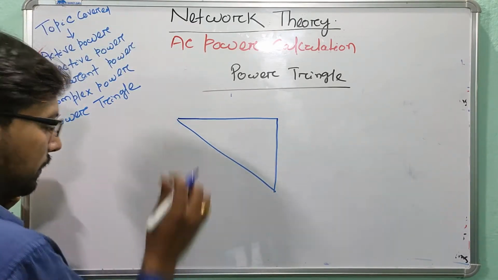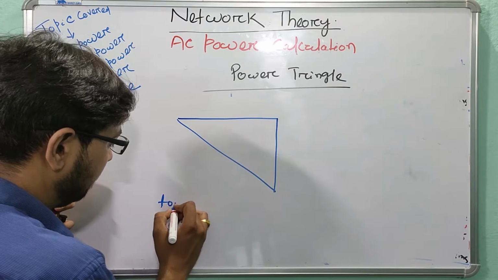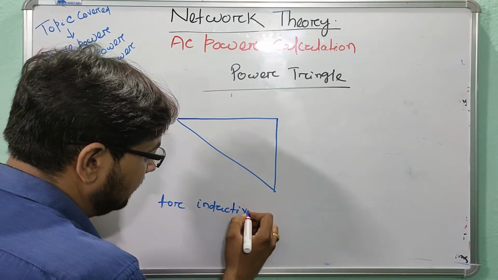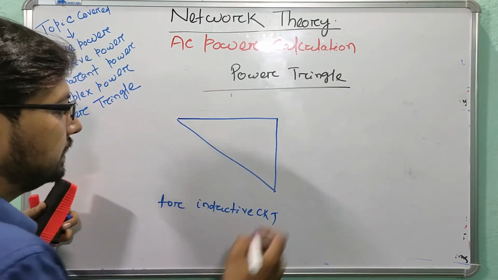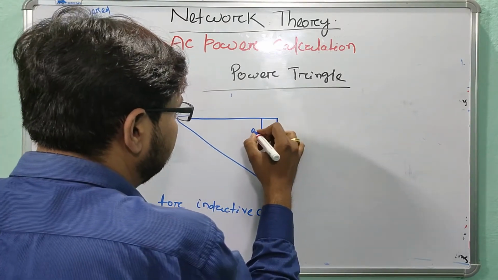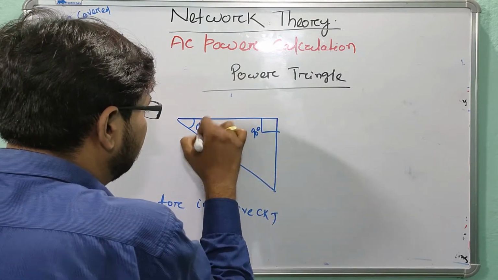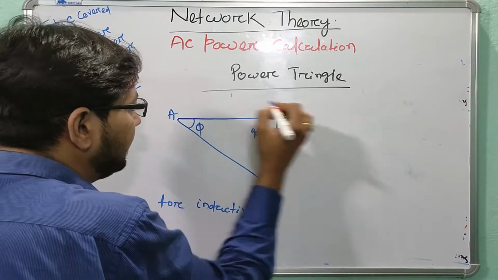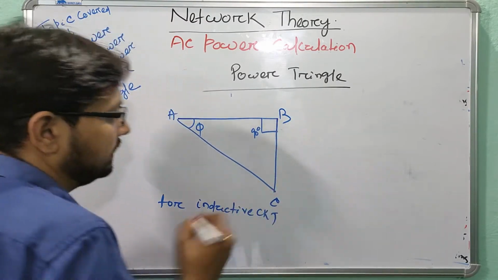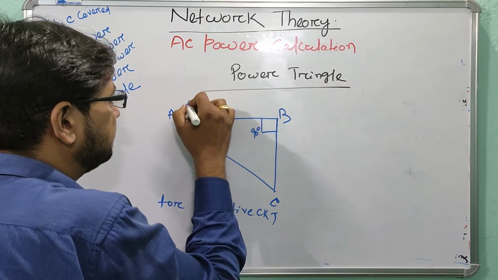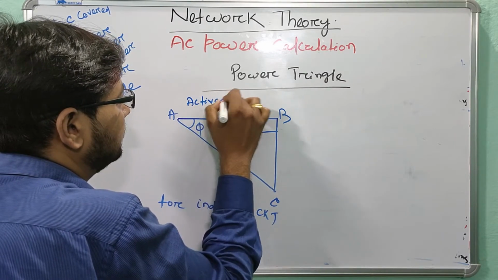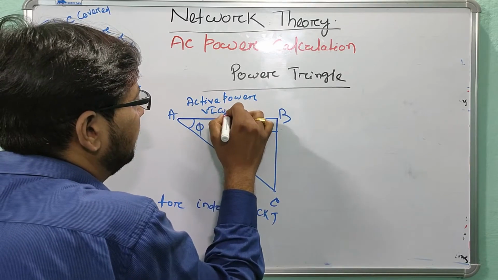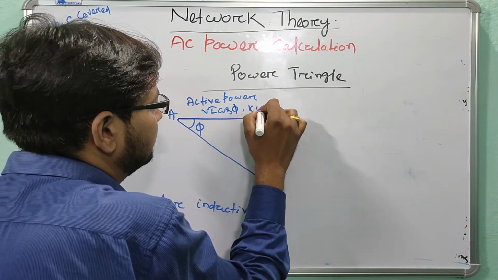Now I will take the triangle for an inductive circuit. This is your right angle triangle, this angle is 90 degrees, and let this angle be phi. For this triangle ABC, what is my AB? That is your active power, VI cos phi, in kilowatts.